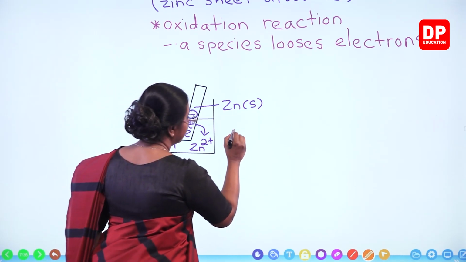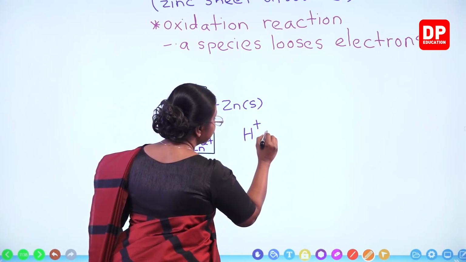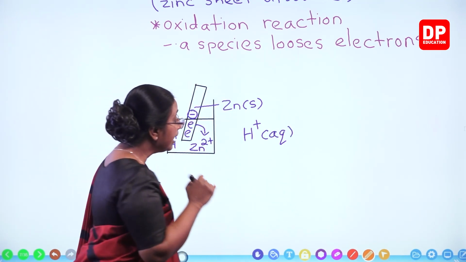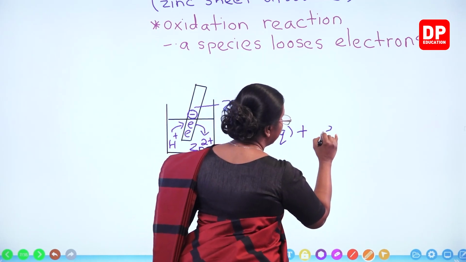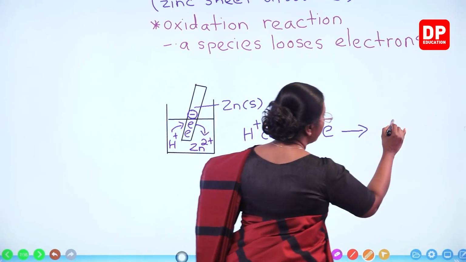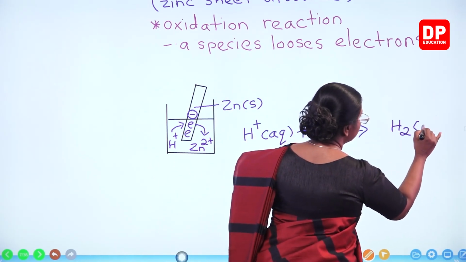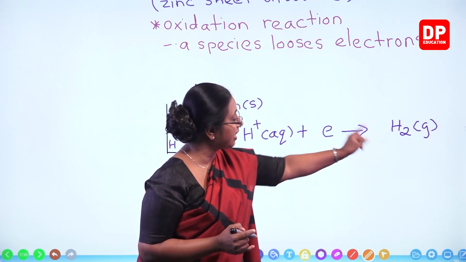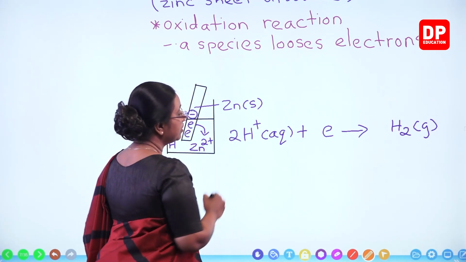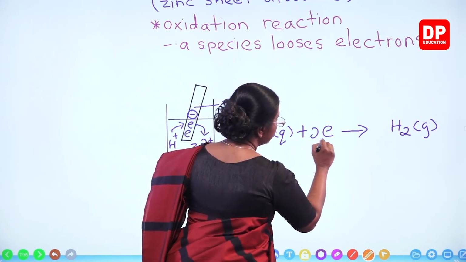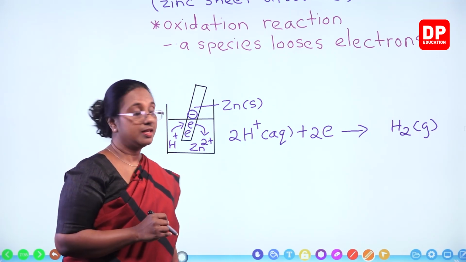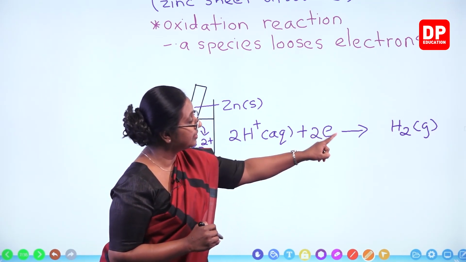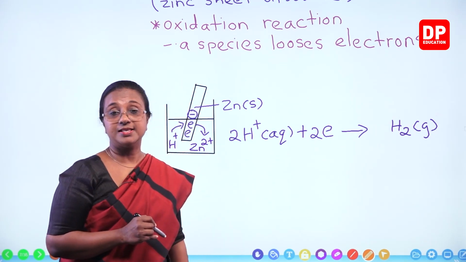And there, H plus ions, again in the aqueous state, take up electrons to form H2 gas. Here, to balance this, since there are 2 hydrogens, you need 2 H plus ions. They need to take up 2 electrons. So 2 H plus aqueous takes up 2 electrons and forms H2 gas.